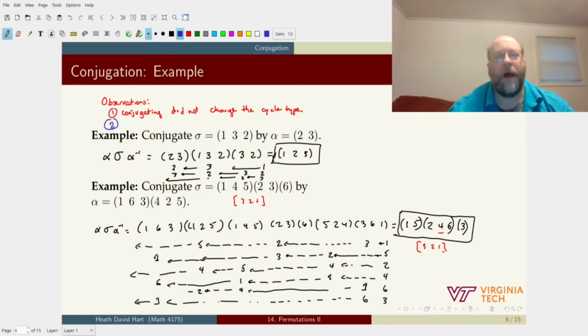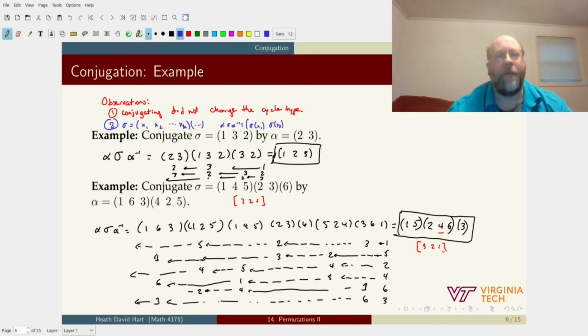Here's the other thing. If sigma is equal to, let's say, x1, x2, up through xk, and I'm just going to write one cycle, but it could have other cycles as well, then alpha sigma alpha inverse, the conjugate of it, replaces x1 with alpha of x1 and replaces x2 with alpha of x2.